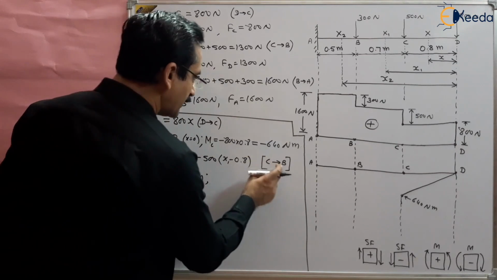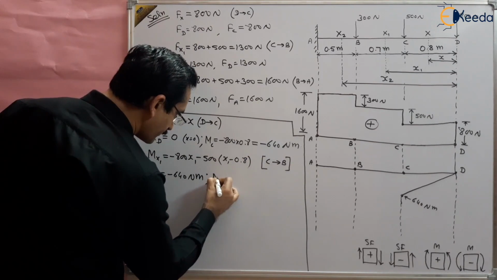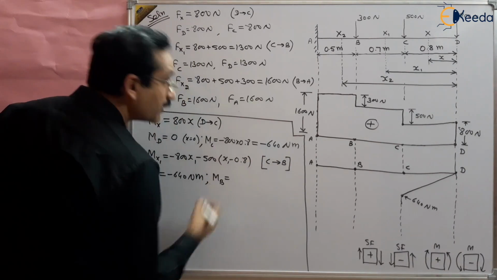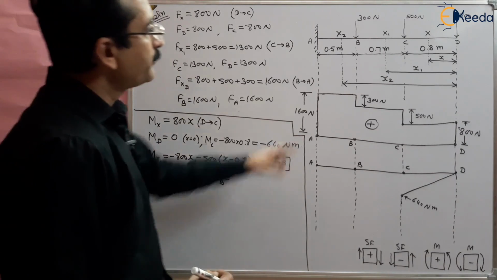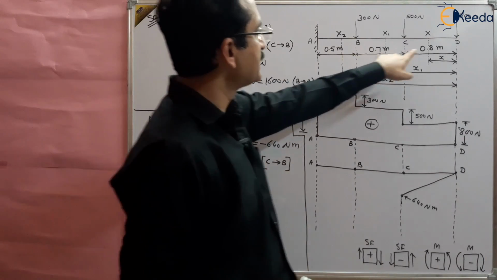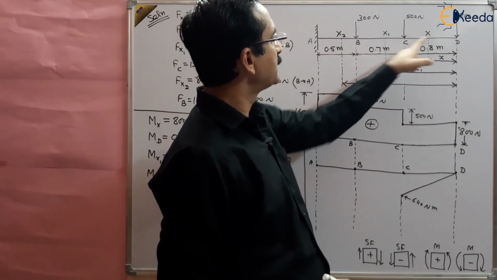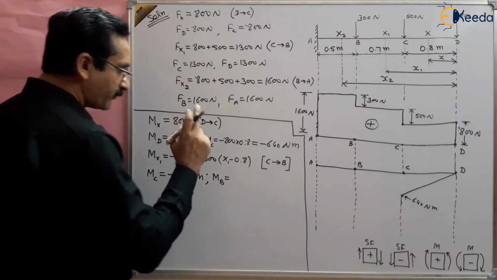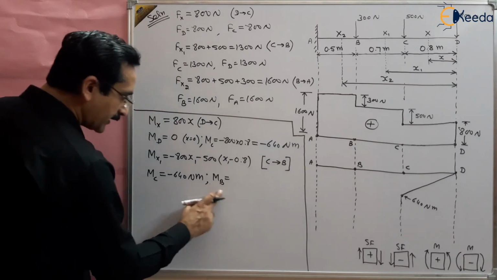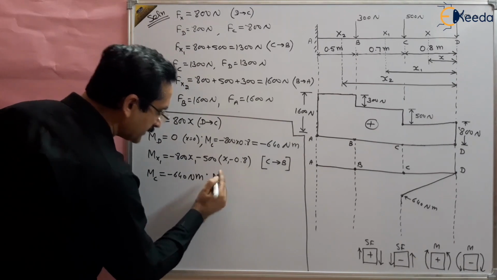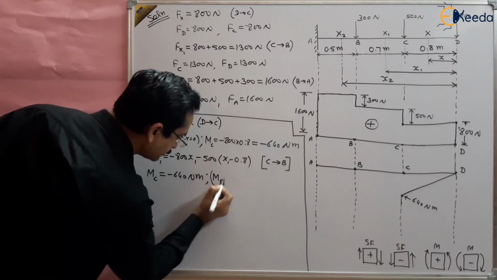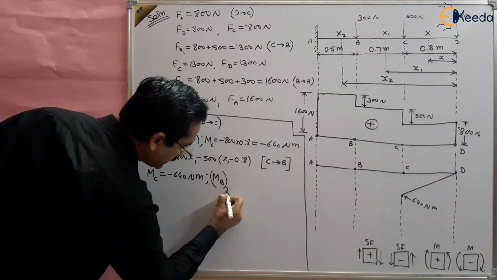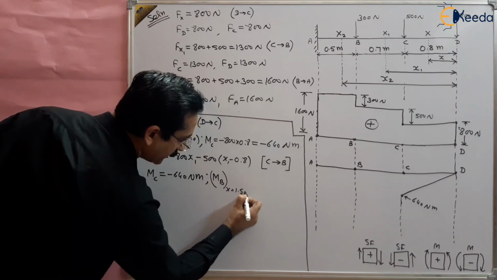And what is that value at B? MB. Now B is at a distance of 0.8 plus 0.7, 1.5 meter, and it means x is 1.5 meter, right? And when we are saying MB, we are taking x as 1.5 meter.